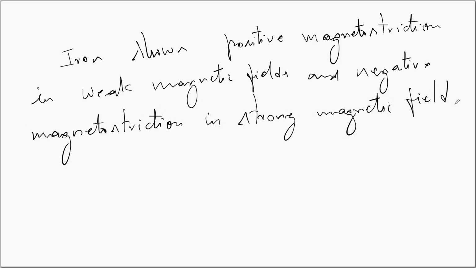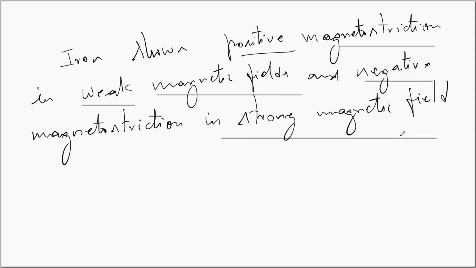This is one of the unique qualities of iron. The examples for magnetostrictive materials are iron, nickel, and cobalt.